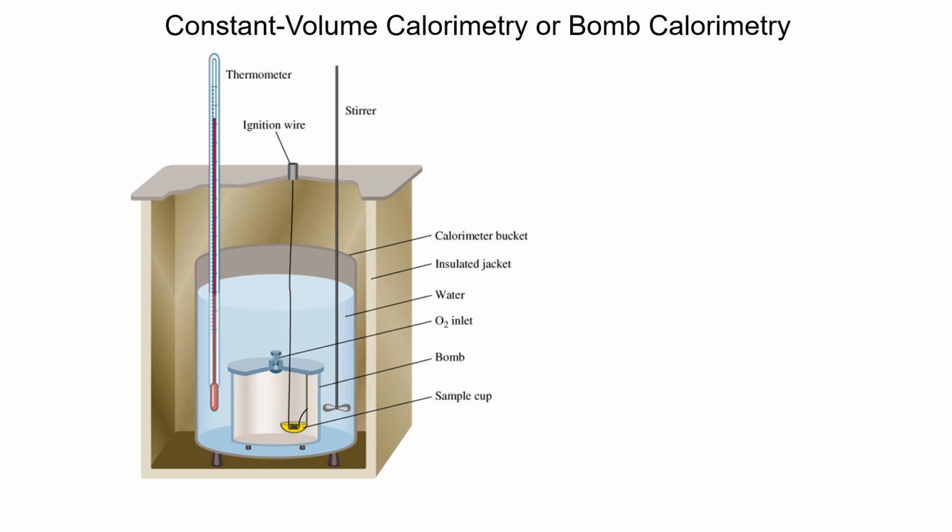For those combustible materials, we couldn't do that type of calorimetry in a styrofoam cup because they are explosive reactions. They change the pressure. So this is called constant volume calorimetry or bomb calorimetry, and it is used to determine heats of combustion.